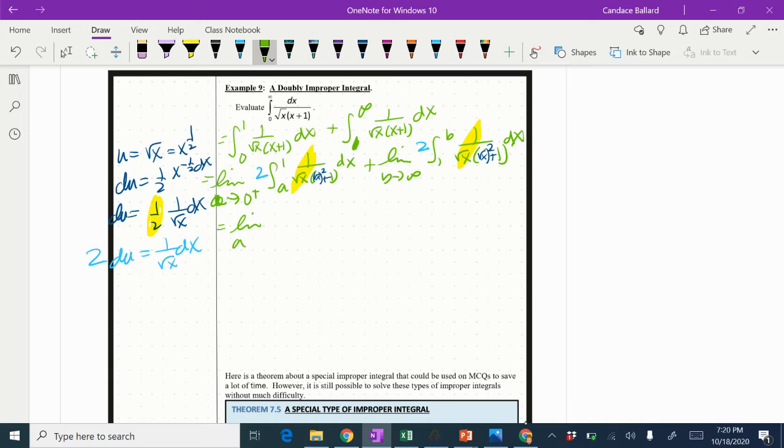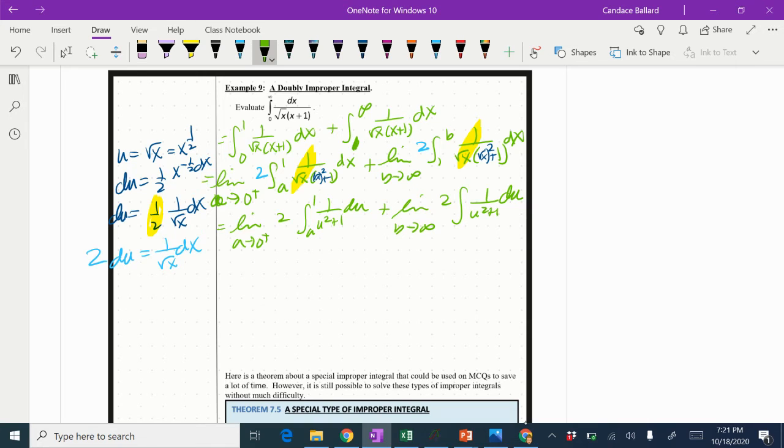So the limit as a approaches 0 from the right of 2 times the integral of 1 over u squared plus 1 du, technically from a to 1, plus the limit as b approaches infinity of 2 times 1 over u squared plus 1, and then the du is the 1 over square root of x dx.